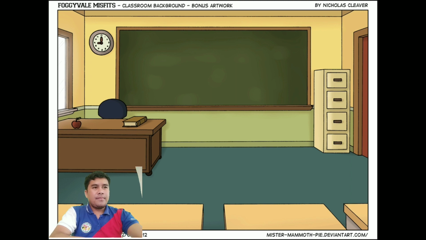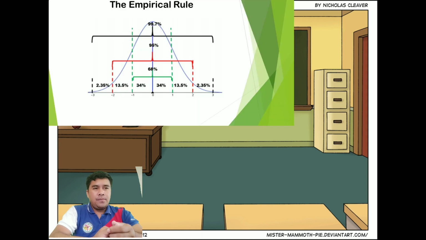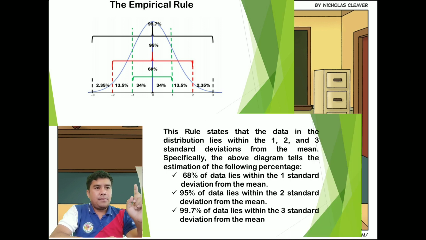In the normal distribution, we need also to understand the empirical rule. As you can observe, this is now the illustration of the empirical rule. So, what is the empirical rule? This rule states that the data in the distribution lies within 1, 2, and 3 standard deviations from the mean.